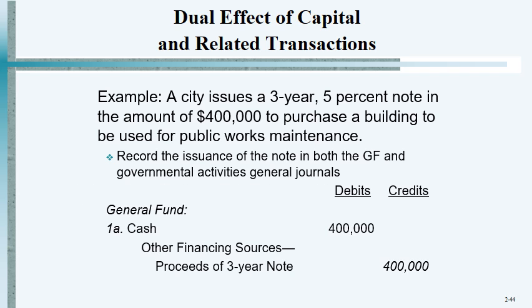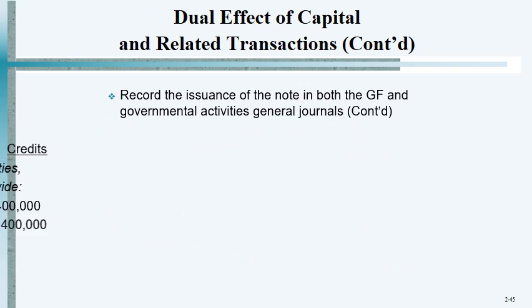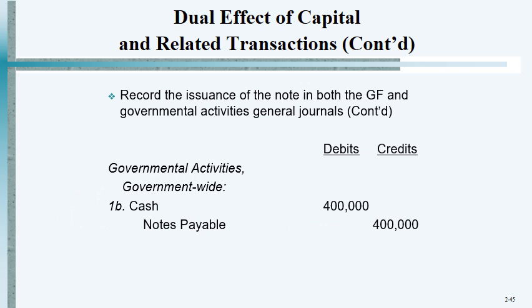Okay, so you can see money coming in where we've issued bonds, or not bonds, but a 3-year note, long-term debt financing. So you can see that coming in as an other financing source, debit the cash, credit other financing sources. You can see that at the government-wide level, of course, using full accrual accounting, we would debit the cash, credit the note payable.